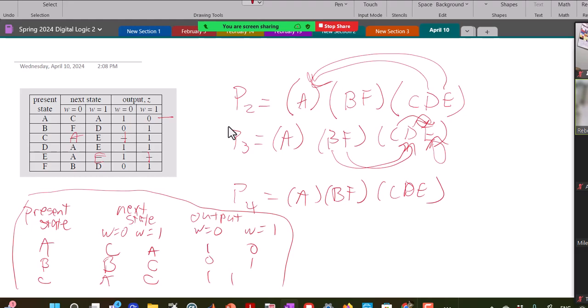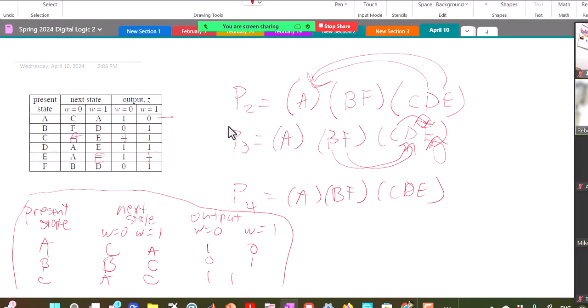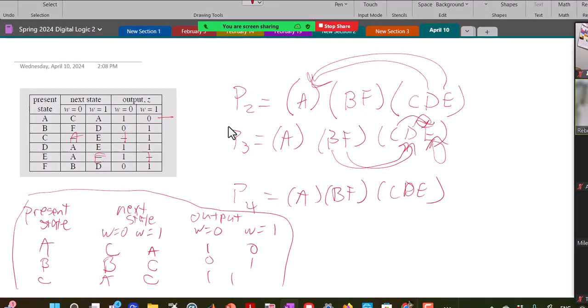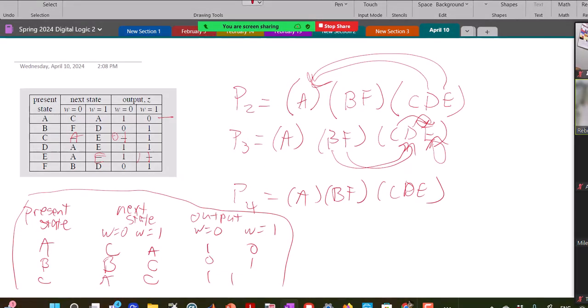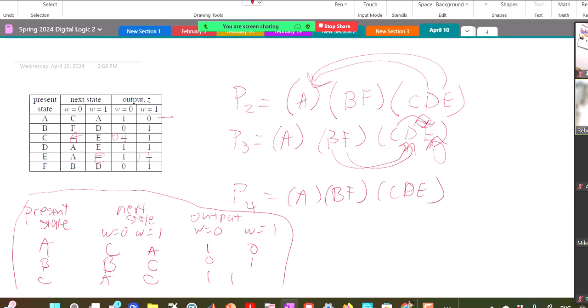I don't think you'll be required to necessarily find the best one, because if you wanted to absolutely make sure you found the best one, you would have to try, for these outputs, the combination 0, 0, which we did, and 1, 1, which we did. You could also try the combination of 0, 1, and you could try the combination of 1, 0.